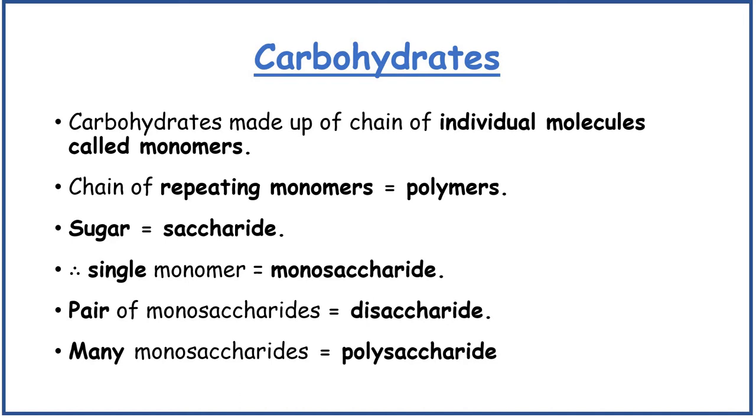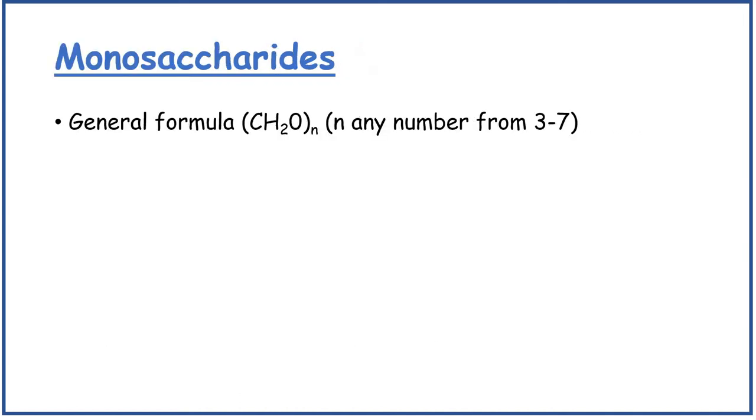Therefore a single monomer is a monosaccharide. A pair of monosaccharides is called a disaccharide, and many monosaccharides equals polysaccharide. The general formula of monosaccharides is CH2ON, where N is any number from 3 to 7.